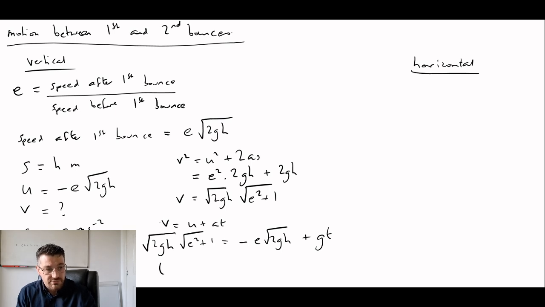And rearranging this, you will get that t is equal to the square root of 2h over g times, in brackets, the square root of e squared plus 1 plus e.